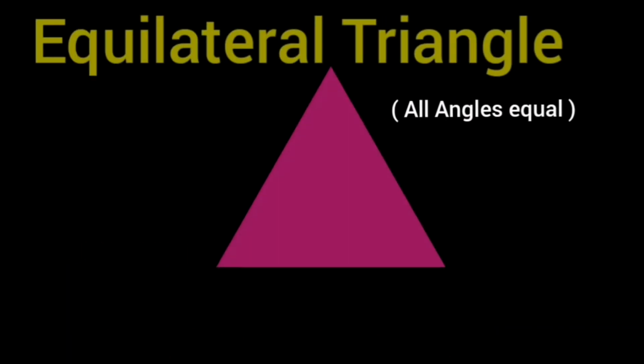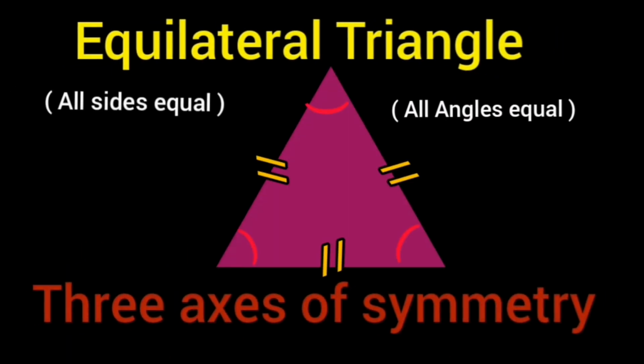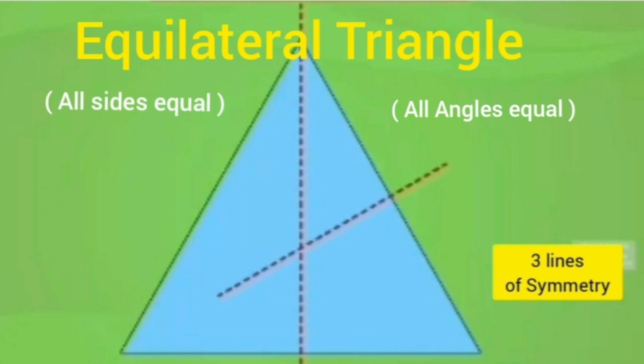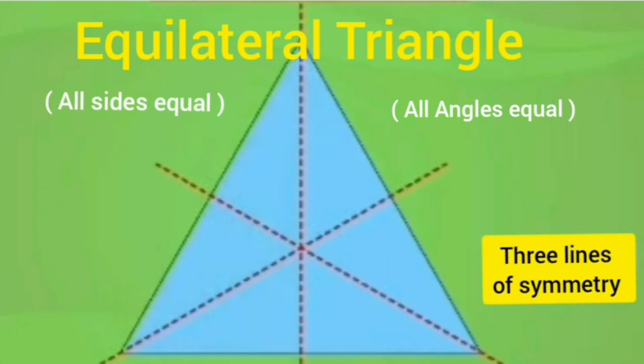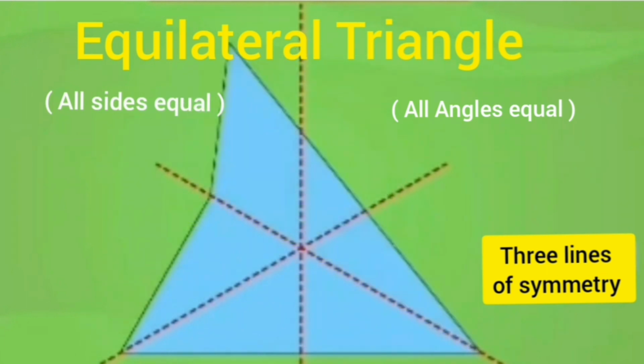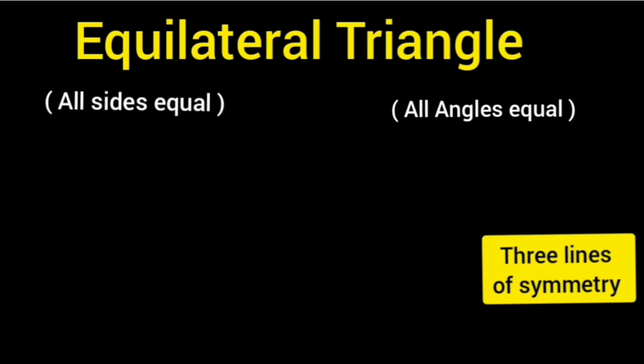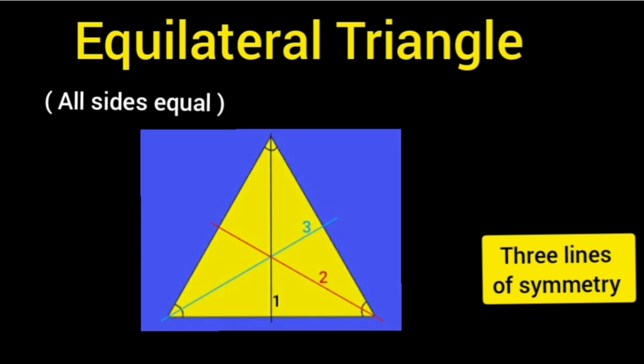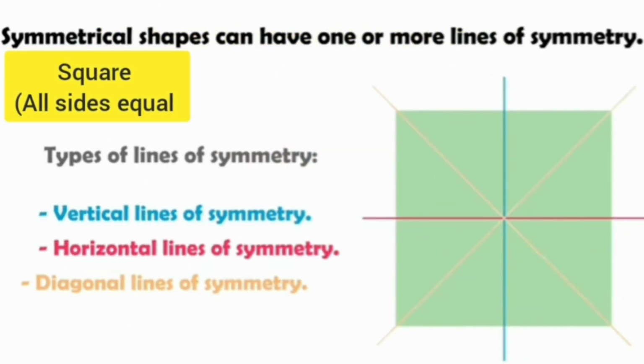Look at this equilateral triangle. All sides are equal and all angles are equal. So, it has three lines of symmetry. Take the example of a square.